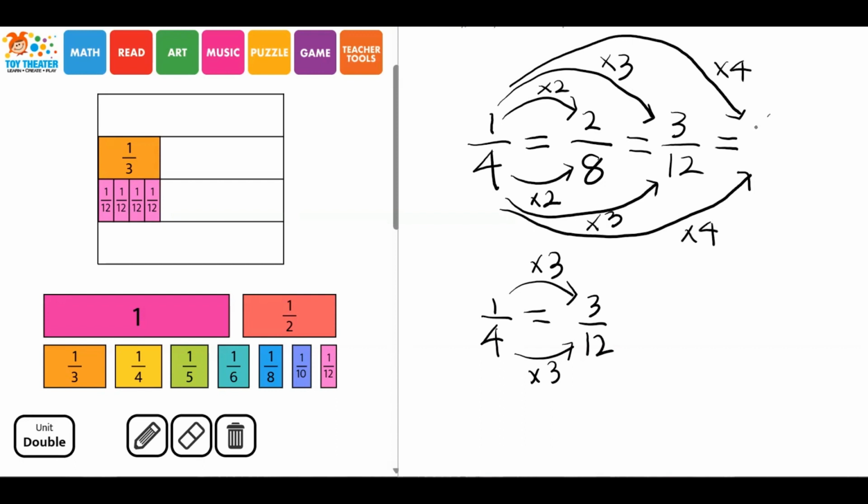So what's 1 times 4? 4. And what's 4 times 4? 16. So this would be the first 3 equivalent fractions of 1/4. 1/4 itself is not counted. So the first 3 equivalent fractions are 2/8, 3/12, and 4/16.